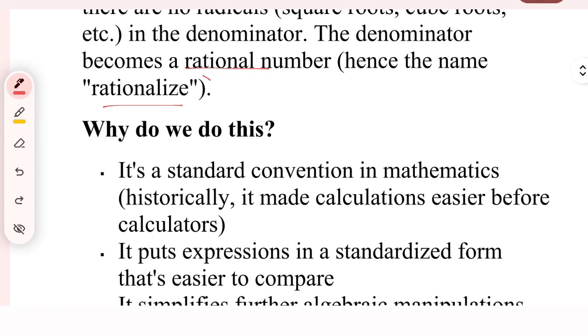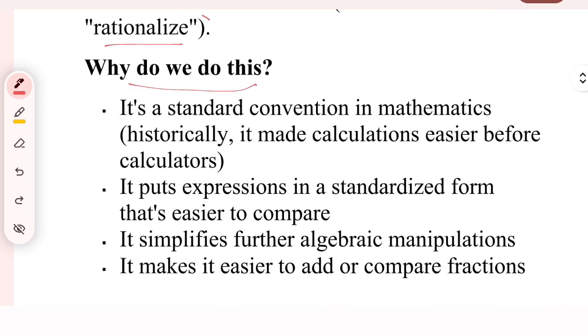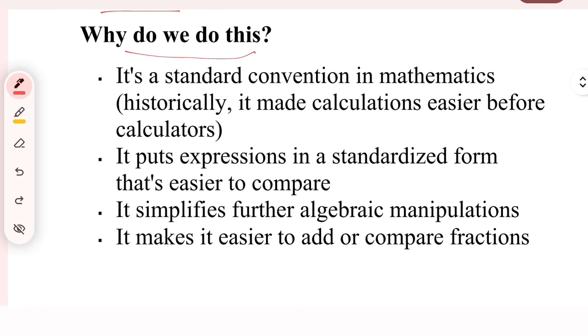So why do we do this? Why do we need to rationalize a denominator? All right? Because it is a standard convention in mathematics. Historically, it made calculations easier before calculators, right? It puts expressions in a standardized form that's easier to compare, right? If you don't have square roots, if you don't have cube roots in your denominator, it is much easier to compare.